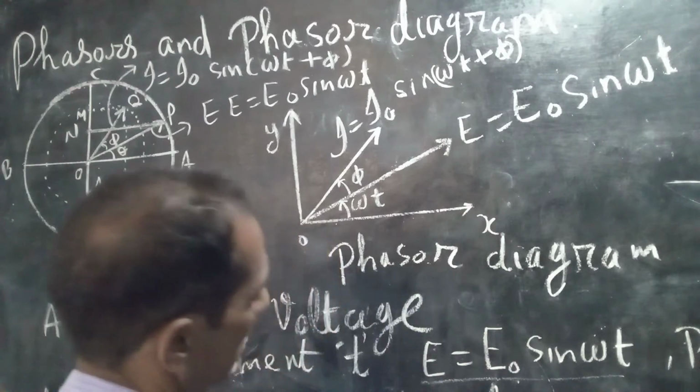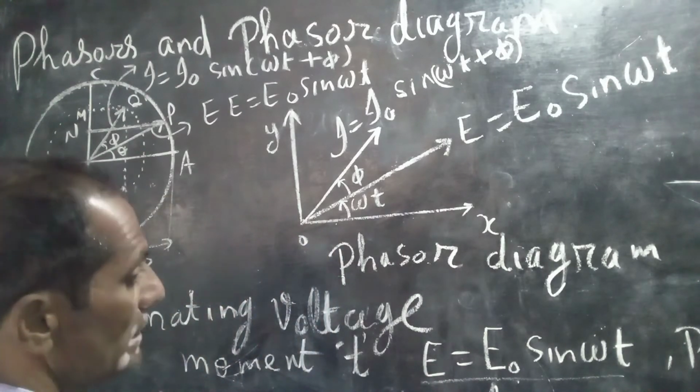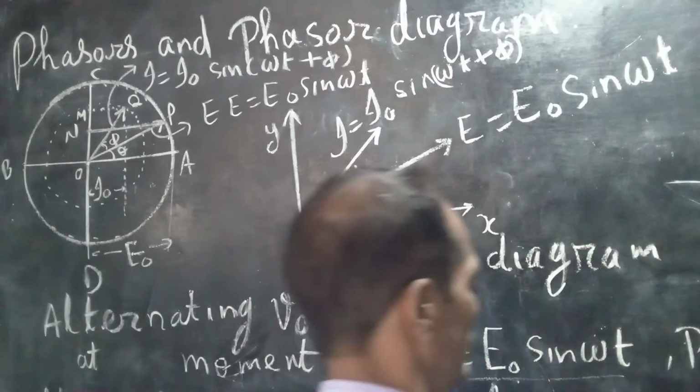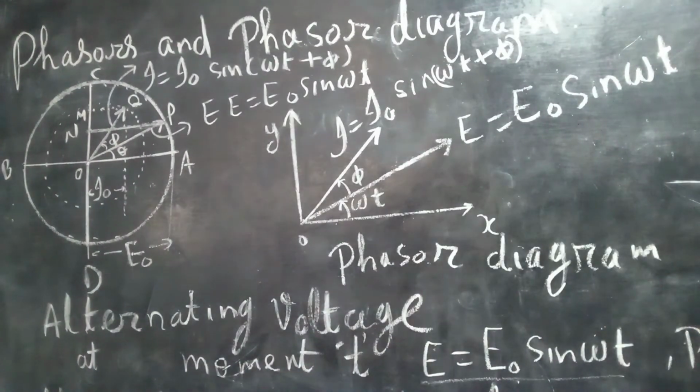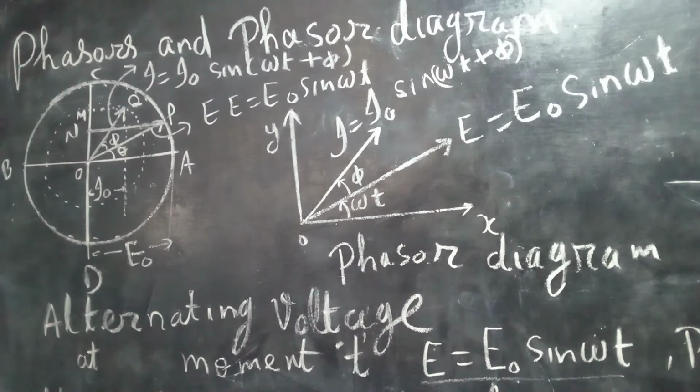These two physical quantities, alternating voltage and alternating current, are treated as phasors. Phasors are those physical quantities which repeat their magnitude and direction periodically and can be represented as rotating vectors.